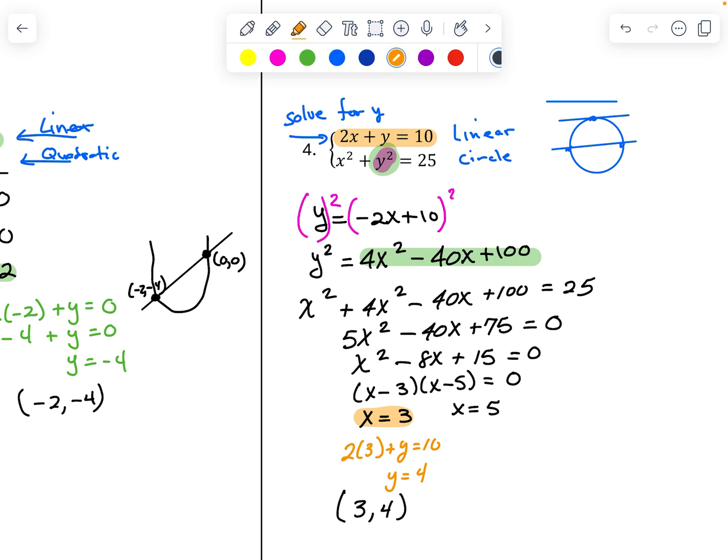Then I'm going to take the value of x when it's 5, and put it in the first equation. That would be 2 times 5 plus y equals 10. y is 0. So my second ordered pair is 5, 0.